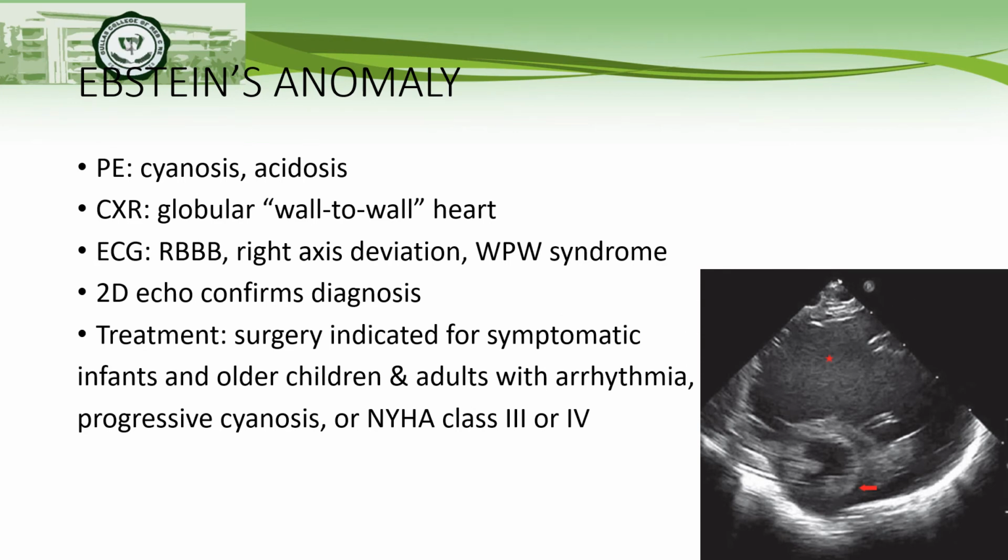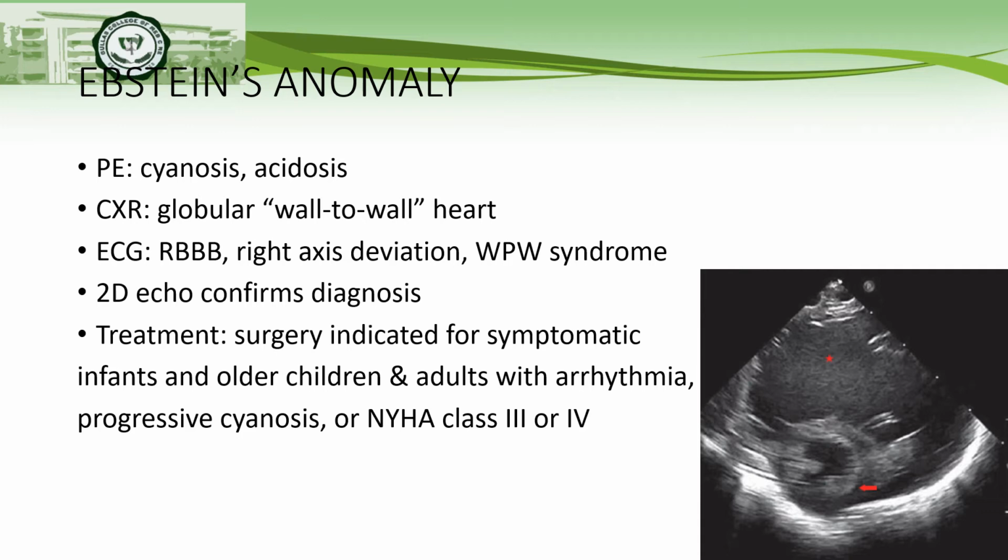Infants with severe Ebstein anomaly usually show cyanosis and acidosis. Some with milder forms may present symptoms of cyanosis during adulthood or their teenage years. Chest X-ray will show a globular wall-to-wall heart, as in the heart would be expanded throughout the entire lung area.